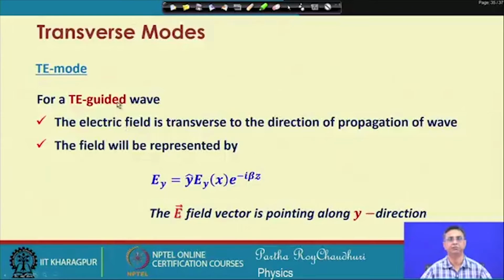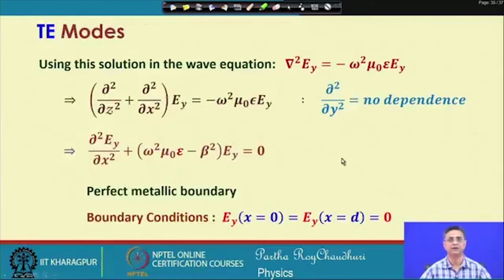So, for the TE guided mode, the electric field is transverse to the direction of propagation of the wave, and the field will be represented by this. We have just now worked out that the amplitude should depend only on the x coordinate, and the electric field vectors are directed along the y direction.